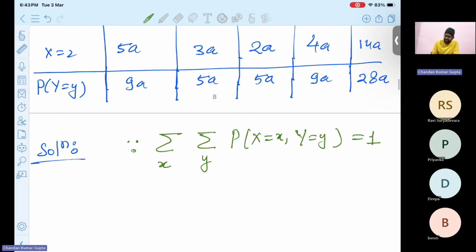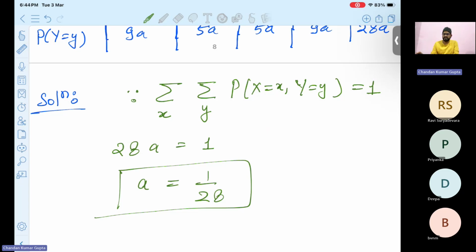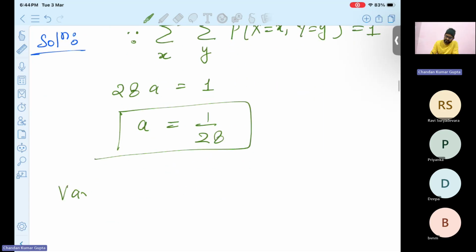Here 28A comes out to be 1. From here, A comes out to be 1 upon 28. The value of A is, sorry, 1 by 28. Okay. Now the question says find the variance of X. We need to find the variance of X.